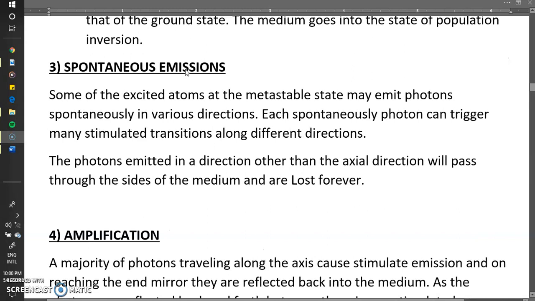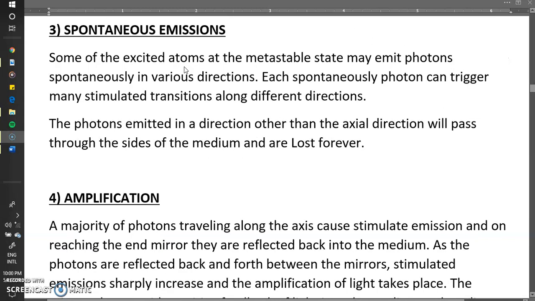Now we'll see spontaneous emission. Some of the atoms which are in the metastable state may emit photons spontaneously in various directions, and each spontaneous photon can trigger many stimulated transitions along different directions.